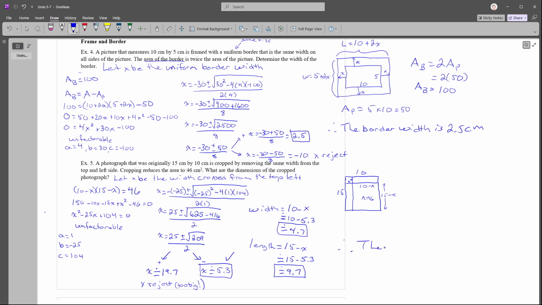Therefore, the dimensions of the cropped photo are 4.7 centimeters and 9.7 centimeters.